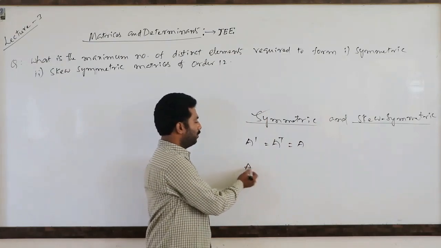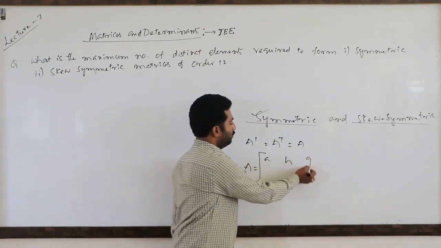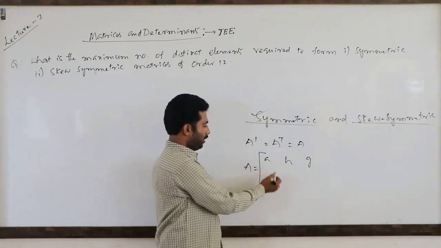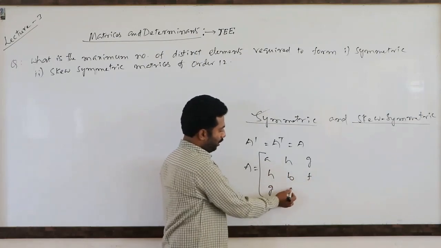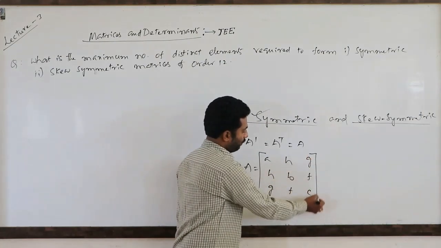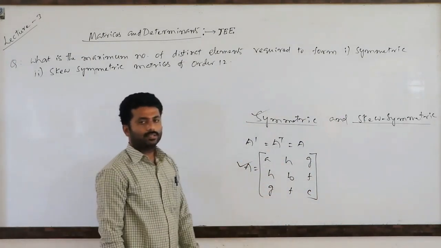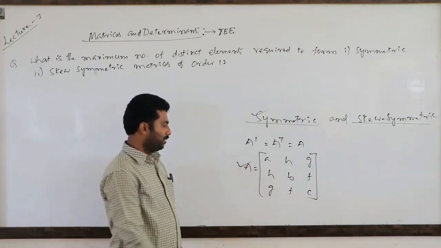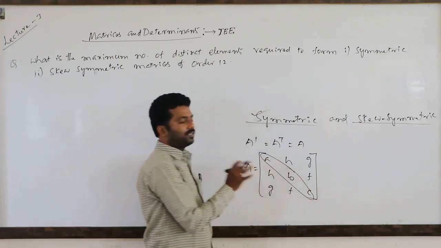One simple example: A, H, G; H, B, F; G, F, C. This is the best example of a symmetric matrix. In symmetric matrices, one point you observe: all the principal diagonal elements may be distinct.